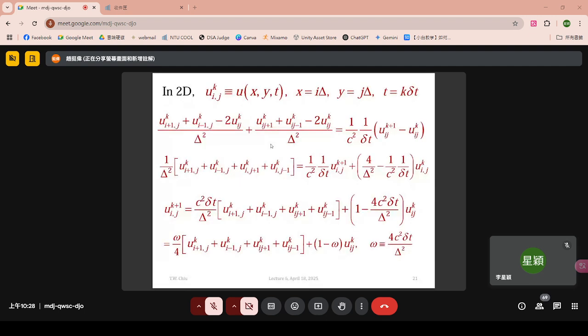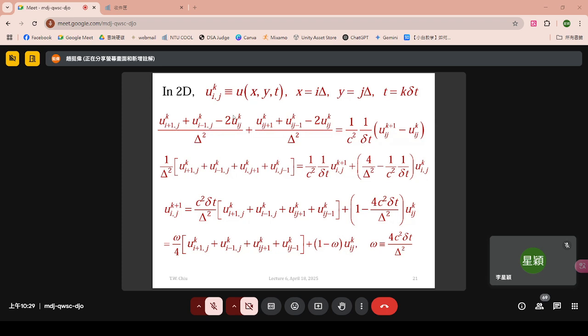In 2 dimensions, it can be discretized in terms of an x lattice and a y lattice, a 2D lattice, and also discretization in time, which could be a different scale: delta t for time, and delta for the spatial.